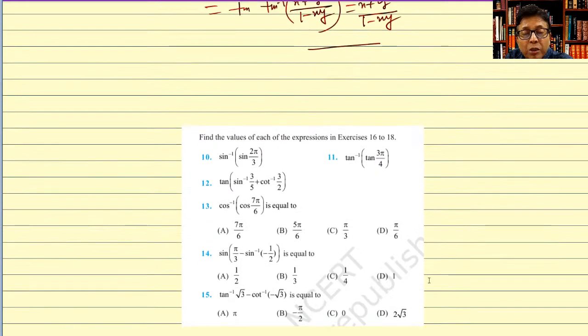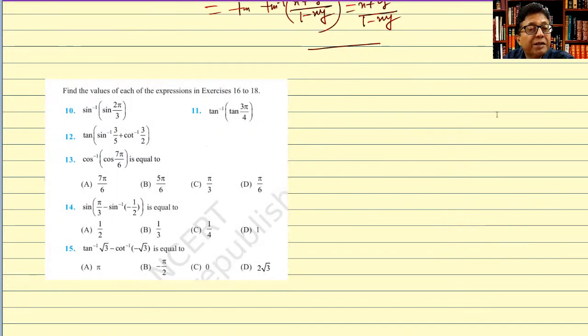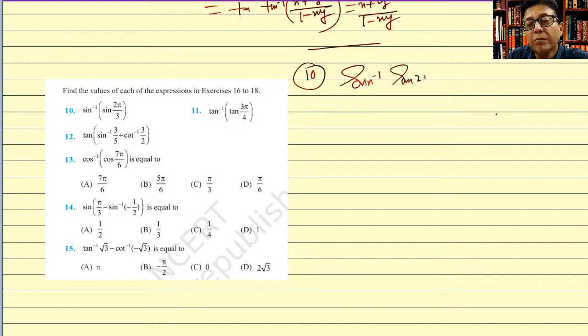Now go for these sums. Is it a bit complicated or not? Say number 10 you are going to do. If it is not complicated, you write the value 2 pi by 3 and I put 0 for that. You have to get the angle in minus pi by 2 to pi by 2.